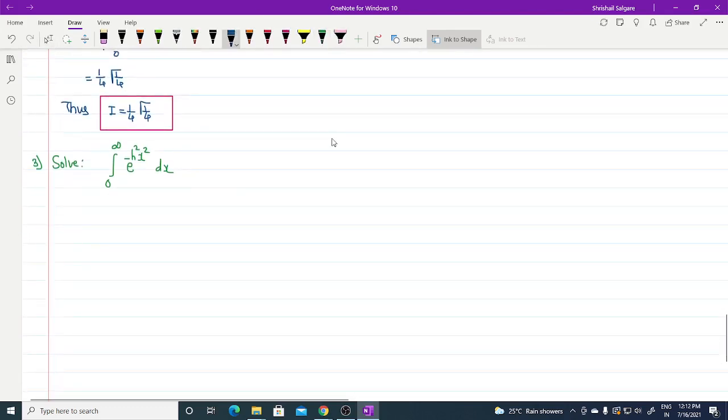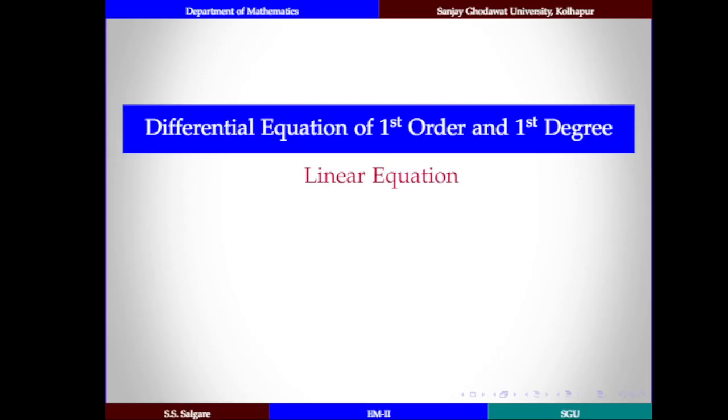Put h square x square is equal to t, or x is equal to t raised to 1 by 2 divided by h. By using this substitution further you can simplify. Now I will take attendance. I have given time to complete this.